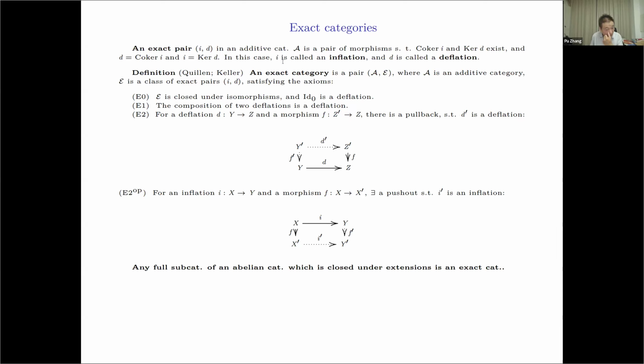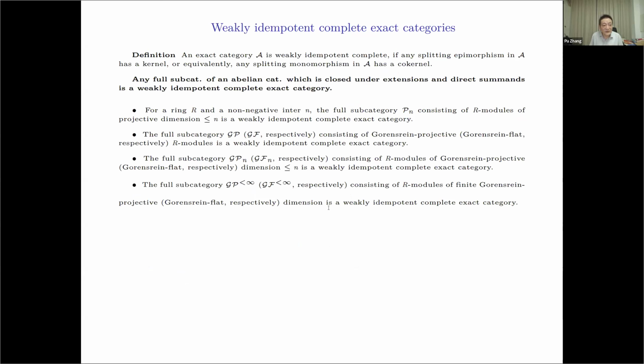Any full subcategory of an abelian category which is closed under extension is an exact category. In order to work in exact categories in representation theory, we usually assume the exact category is weakly idempotent complete.